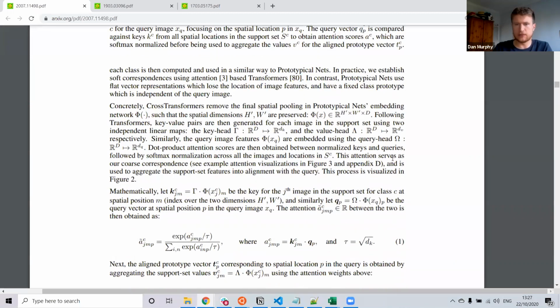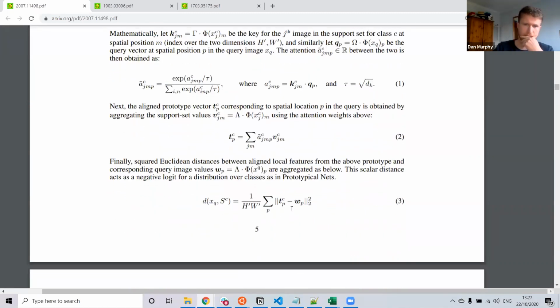I wonder if the way that they are calculating this distance metric would help with that. No, actually, L2 distance will probably just make the problem worse.